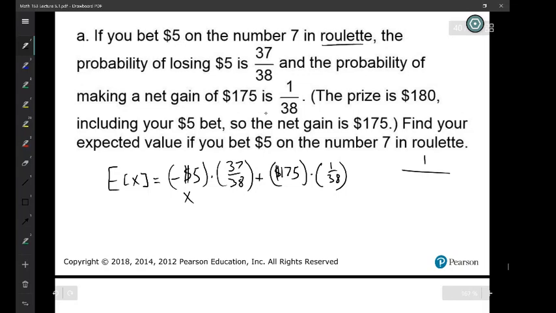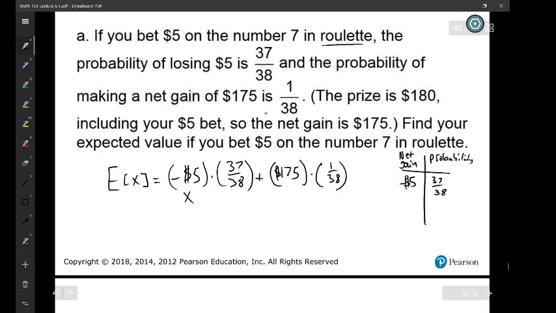You could think of it as a table. Put your net gain in one column: you lose $5, and the probability of that is 37 out of 38.